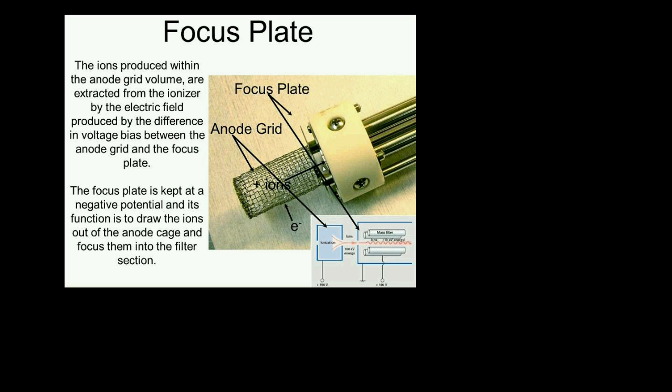But this is my recommendation to you. If you find that the sensitivity of your device has dropped over time, in other words, the amplitude of your spectra is dropping, and that changing the focus plate voltage is bringing it back, it is time at that point to order an ionizer replacement kit.